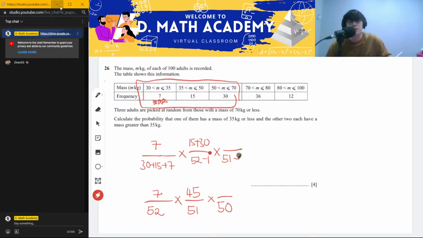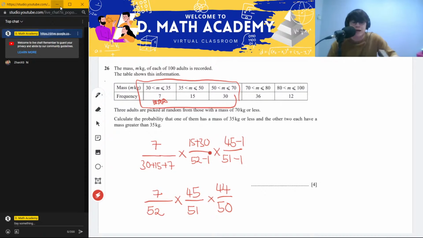That's why it minus by 1 again. And then they mentioned these 2 persons were from the same group, which means the 45 that we have there, one of them has been taken out. That's why it is 44.